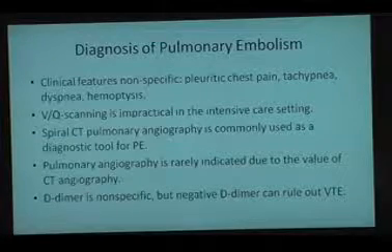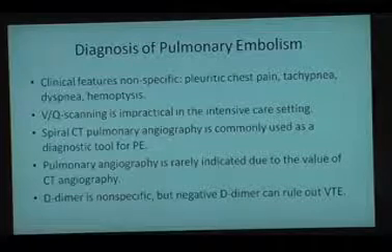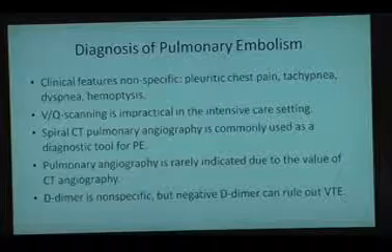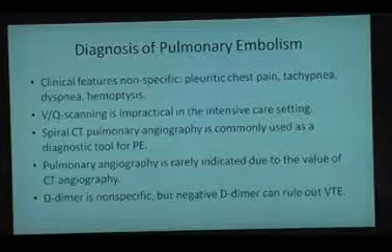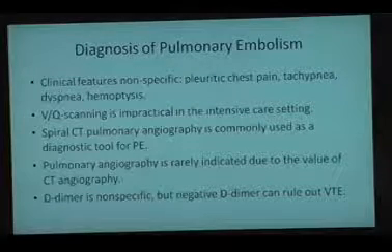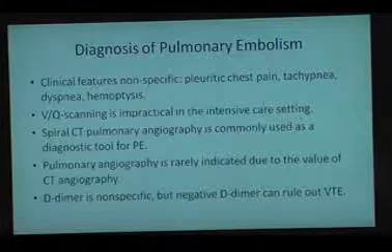So as far as diagnosis of pulmonary embolism, clinical features are non-specific and are often not very helpful. So the things that are in the textbooks, like pleuritic chest pain and tachypnea and hypoxemia, which are going to be put on the slide and so forth, can occur with lots of different causes of lung disease.